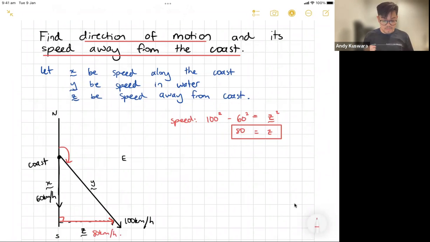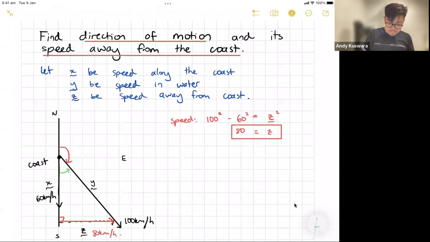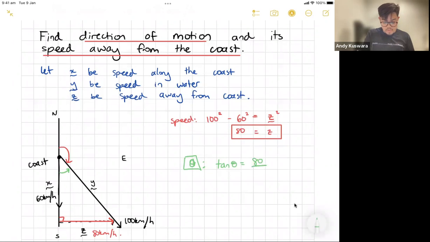Okay, there's my speed. Now to find the direction of motion, the easiest way to do this is to find this angle here. Let's call it theta. So we're trying to find theta, and that one is just going to use SOHCAHTOA. It's a right angle triangle. I've got all three sides really, so let's just use tan, which will be the easiest. Tan of my angle theta is going to be opposite, which will be my 80, over adjacent, which is 60. So to find theta, I'll just take the tan inverse, and I know that's going to simplify to 4 on 3.